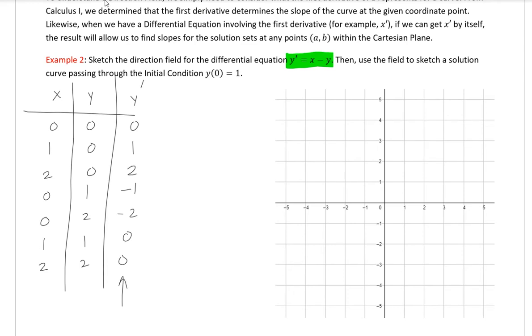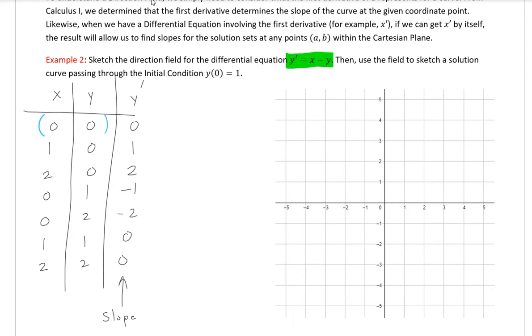Now, all these points represent, again, the slope of the line. And how we're going to represent that is a small tangent line that we draw that represents that slope. All right, so let's do that in blue. At coordinate point 0, 0, I have a slope of 0. A slope of 0 is a horizontal line like this. So that's what I'm going to put.